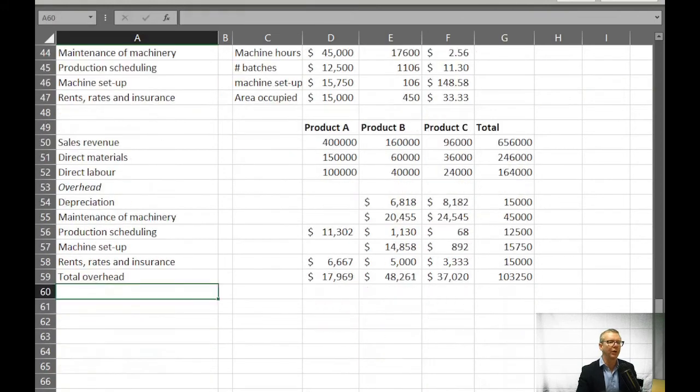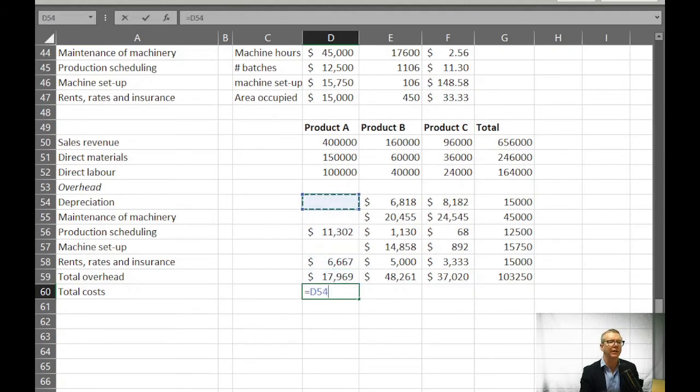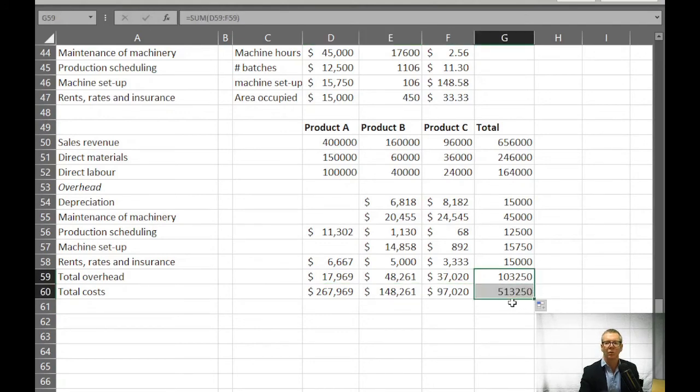So we've got our total overhead, the 103,250, and we can now calculate total costs. The total costs is going to be the materials and the labor and the overhead. And we know that the total cost is 513,250.